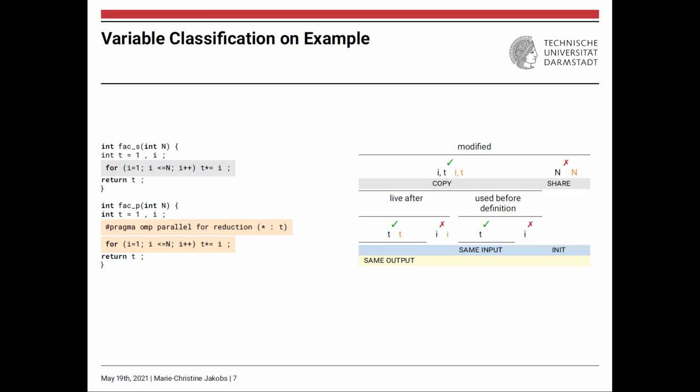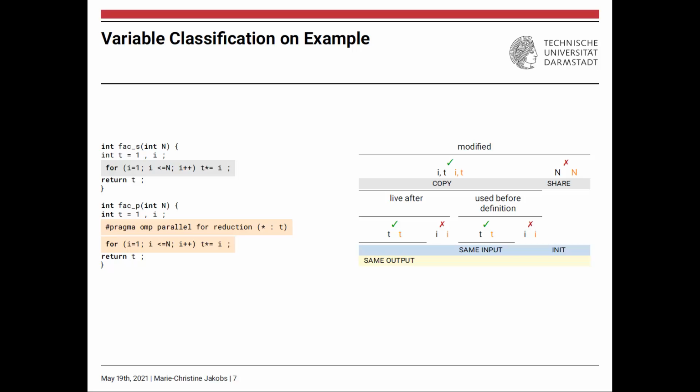In contrast, i is never used after the loop. And we see the similar statement assigning t, and this is the only assignment to t. So we have a use of t before it's defined, while the parallelization ensures that at the beginning of the loop iteration it assigns the loop counter, this i variable, the value of the loop iteration. We don't need to define it before we use it because this is always ensured.